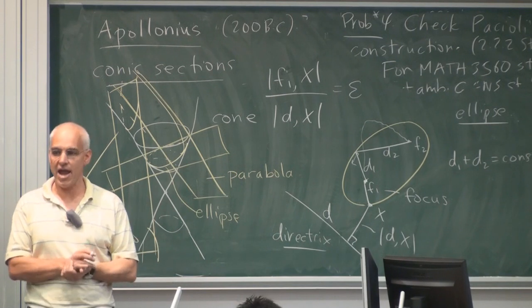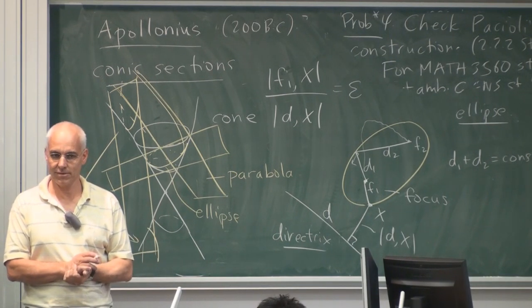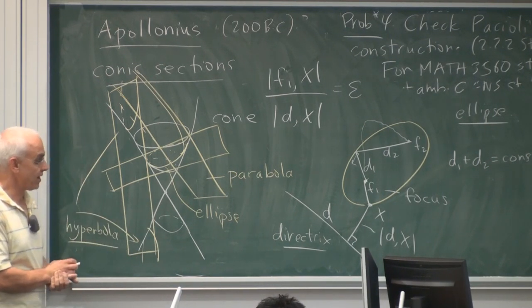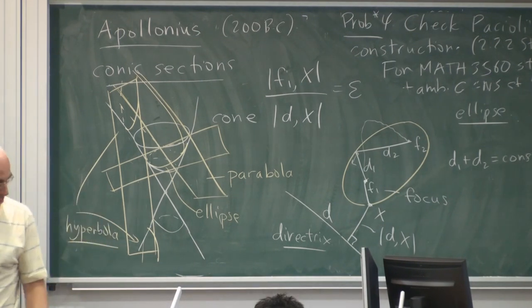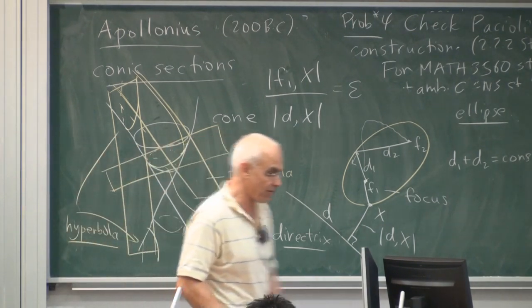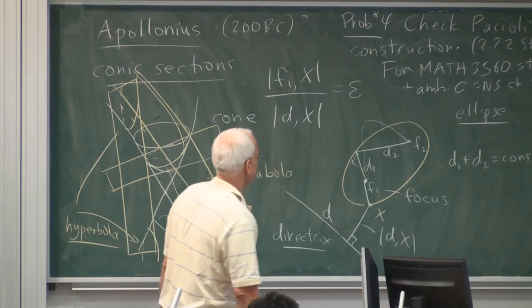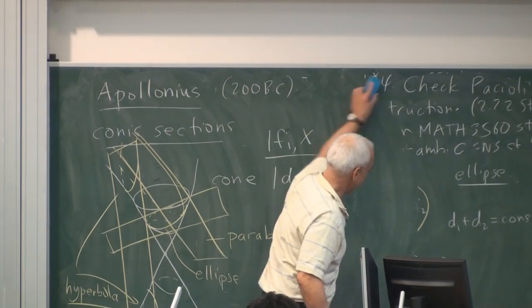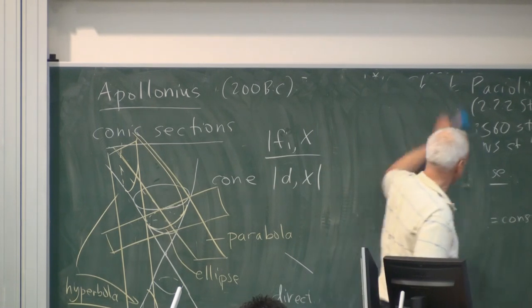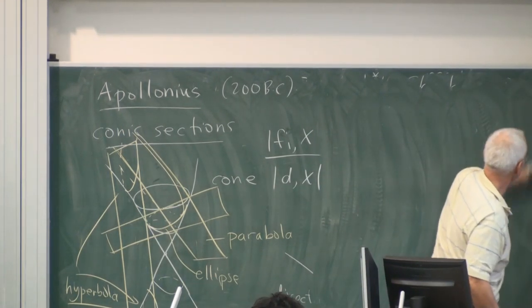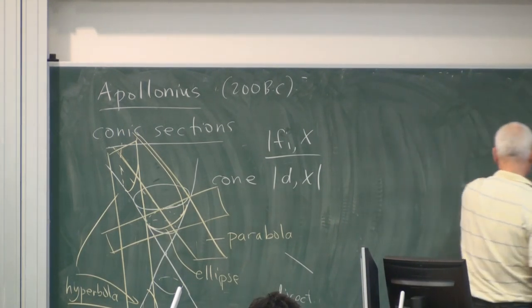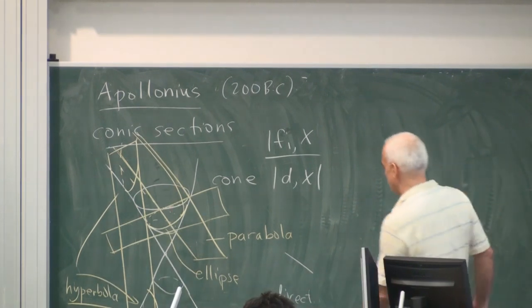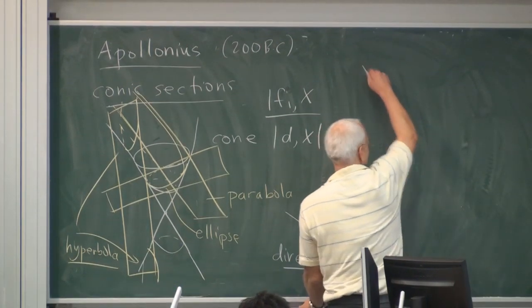How do these definitions connect? That's a lovely question that no one seemed to have answered until the 19th century. In the 19th century, it was understood for the first time how those 3 different definitions connect. And it's such a beautiful construction, I'll show it to you.